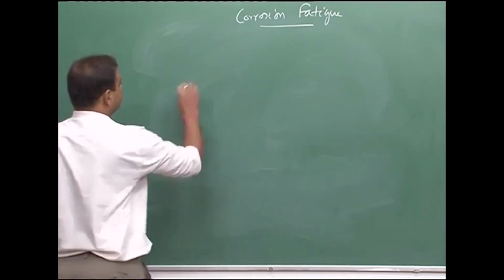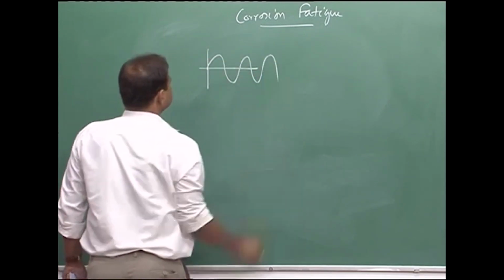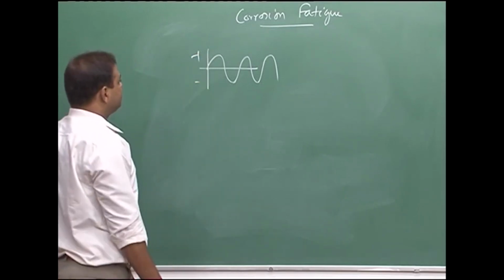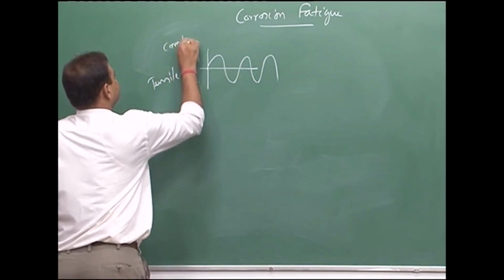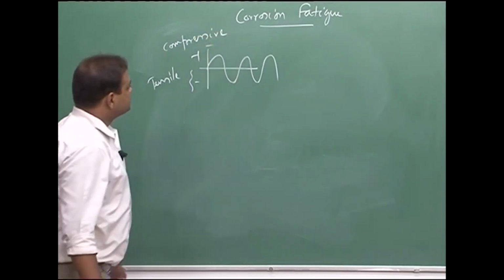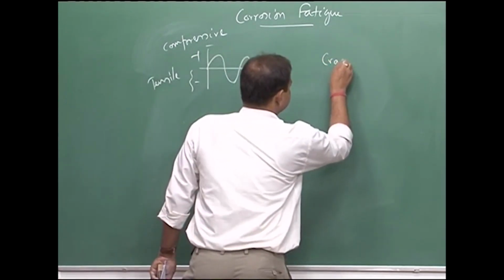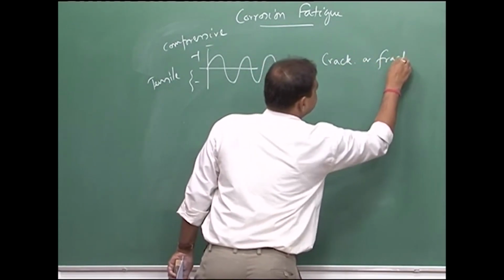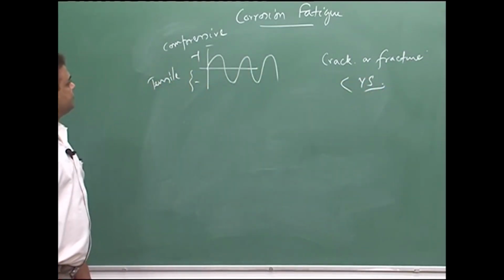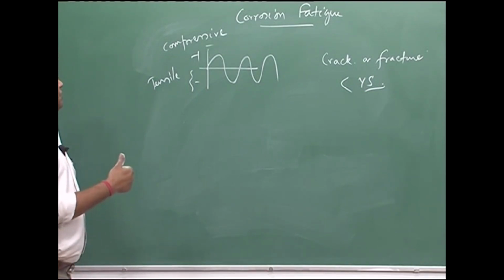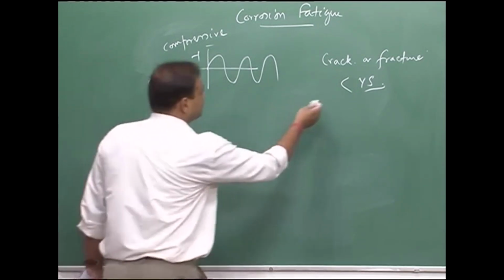It can happen, for example, if a particular material is exposed to a stress which is alternating in nature, then you have a compressive and a tensile component, this part is tensile, this part is compressive, and due to this alternate stress variation the material can crack or fracture below yield stress, and that time the material is said to have gone for fatigue failure.